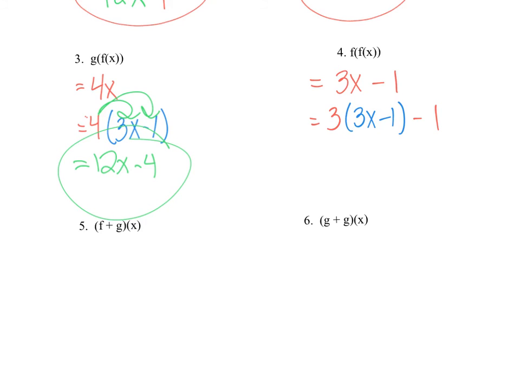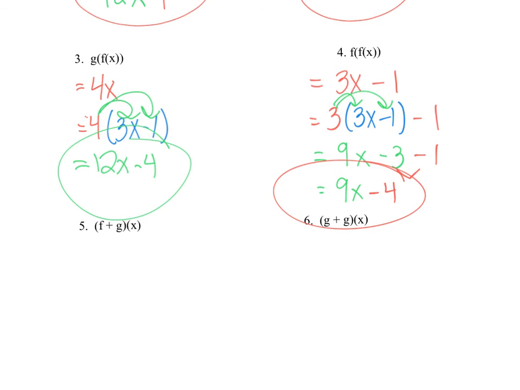Can't forget that minus 1 at the end. That's important. Abby, what's my next step? What's that called? Distribute. Good. What's 3 times 3? 9. And then what's 3 times negative 1? Negative 3. Good. But what can't I forget? Minus 1. Good. Sam, what are my like terms? And what does that equal? What's negative 3 minus 1? Good. That's my answer.